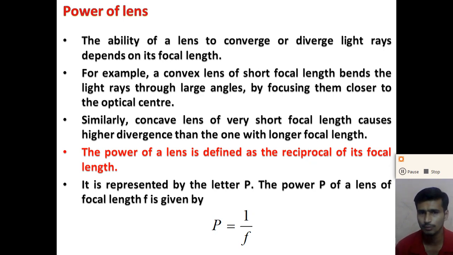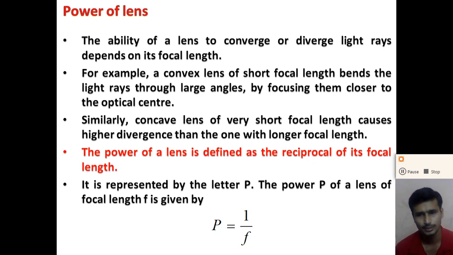So for a convex or a concave lens, if we take a very small focal length, it will converge or diverge at a very large angle compared to the larger focal length.